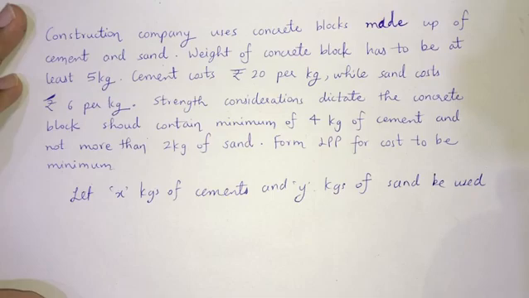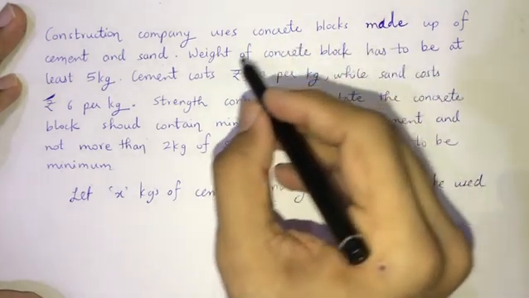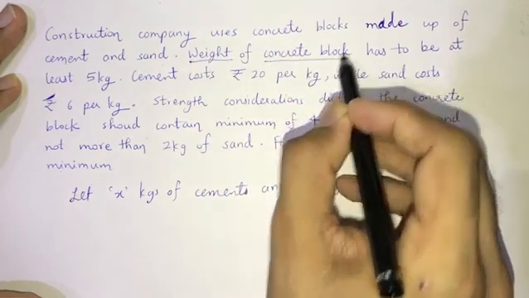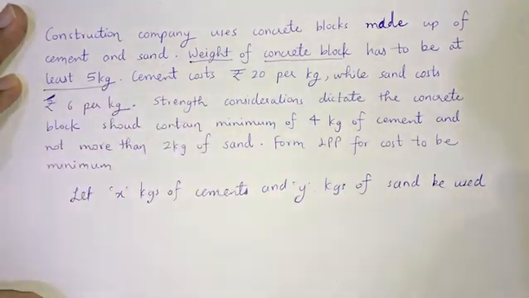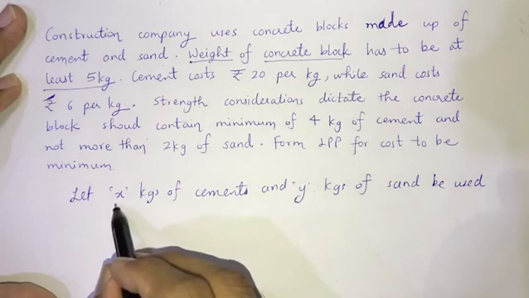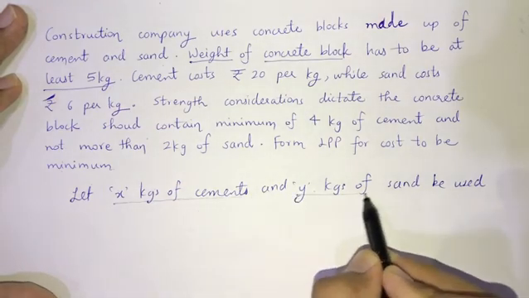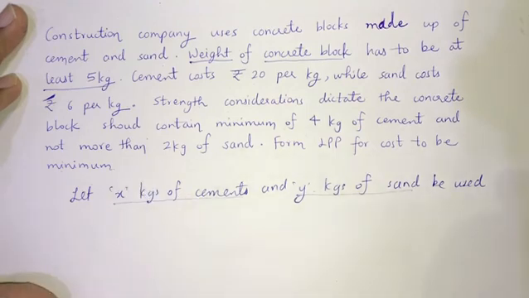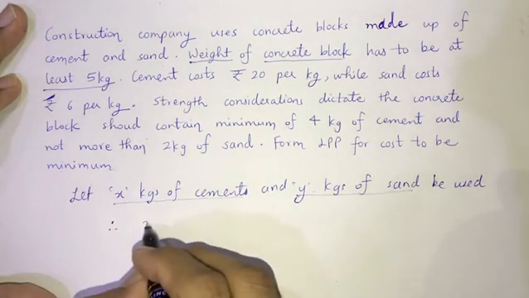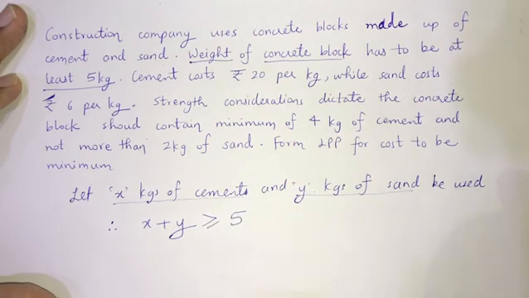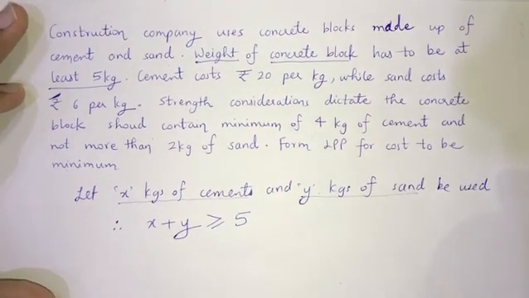Now the total weight of the concrete block has to be at least 5 kg. Obviously the weight depends on these two components, the weight of the cement and the weight of the sand. Therefore x plus y has to be at least 5 kgs.